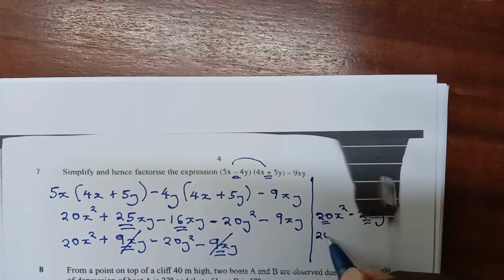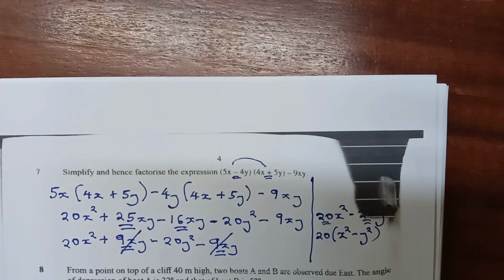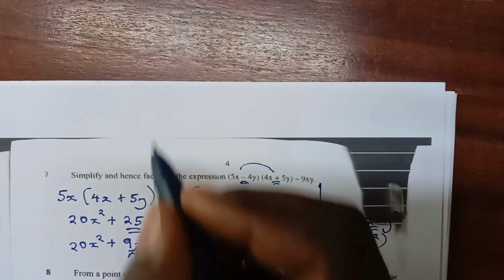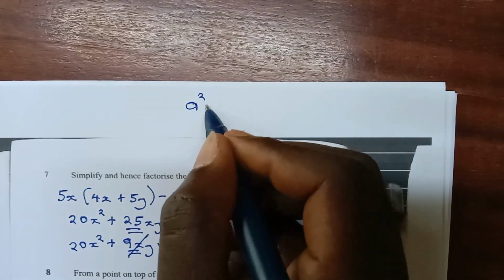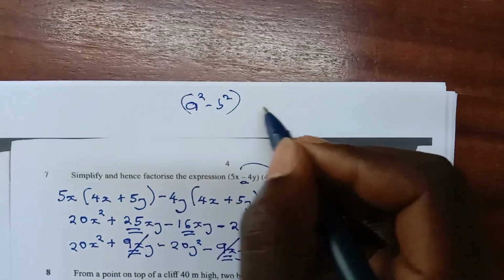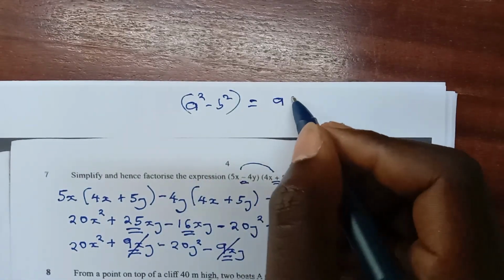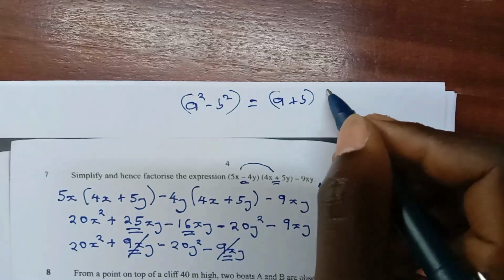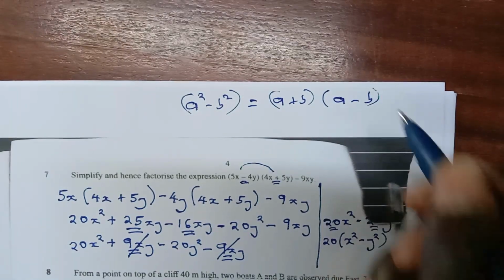So this is 20 into bracket x squared minus y squared. Now x squared minus y squared is a difference of two squares. And you know that a difference of two squares says that a squared minus b squared is equal to a plus b, then a minus b.